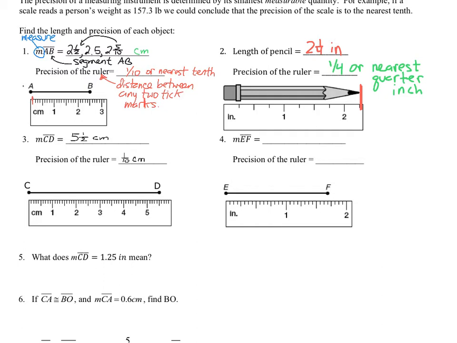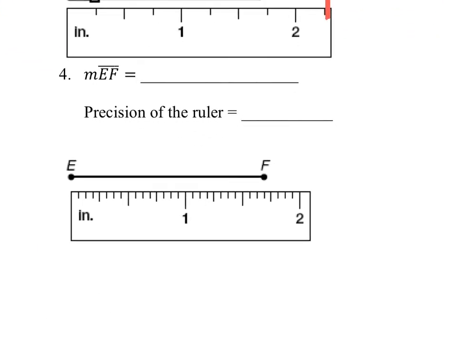So, yeah, common sense tells us, well, that's half a unit, so 5.5. But the rationale is because there's 5 of those tenths. That's our distance. So in number 4, what's the precision? What's each tick mark worth?